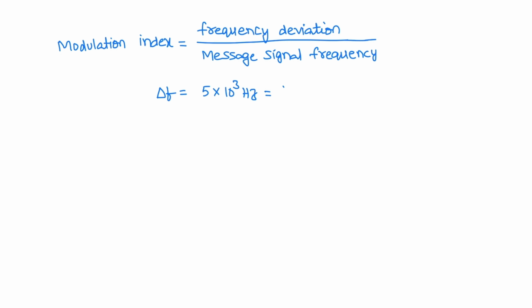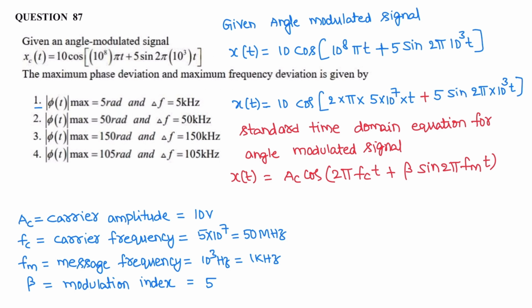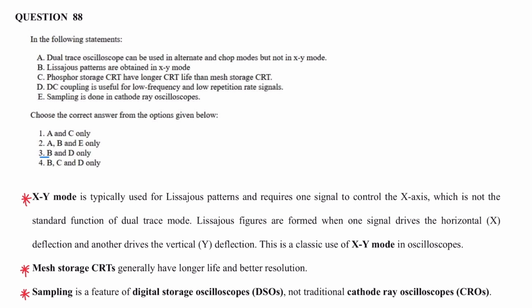So it is 5 kilohertz. Delta f is 5 kilohertz and phi of t maximum is 5 radians. Correct answer is option 1. Maximum phase deviation is 5 radians and maximum frequency deviation is 5 kilohertz. Correct answer option 1.